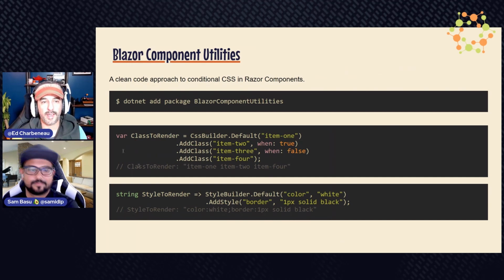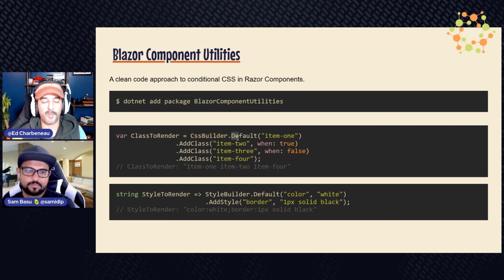And I have a little helper library. It's a little utility that lets you write very concise and conditional CSS styles for your components, or inline styles even. So this would be inside of your component, and I have class to render, and then you call in a special struct called CSS Builder.